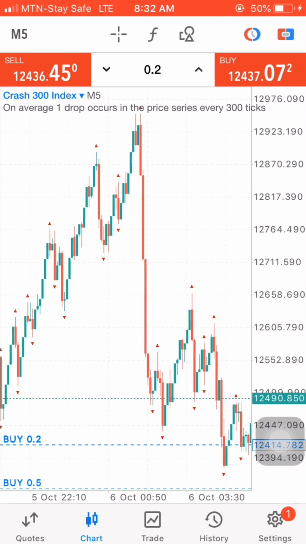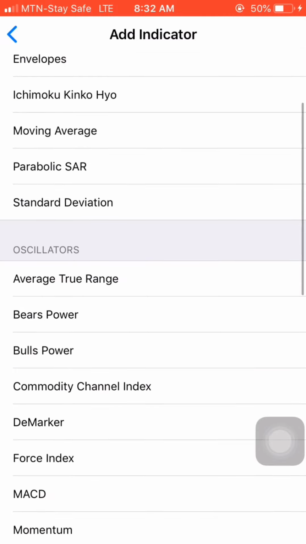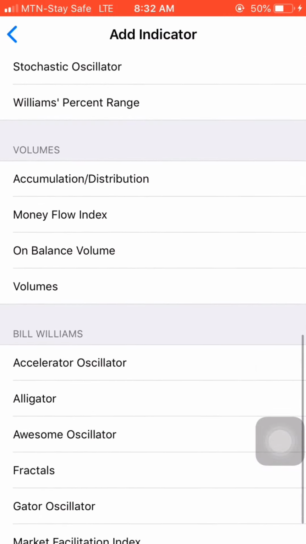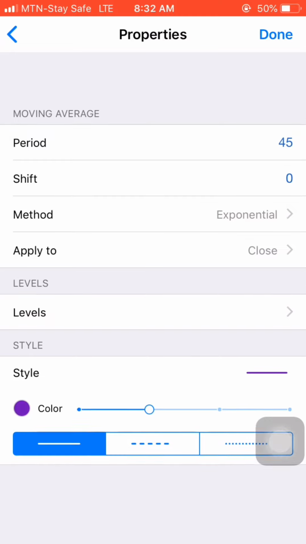Now let me show you how to set up this indicator. You go here, you add your fractals, and you add your moving average.